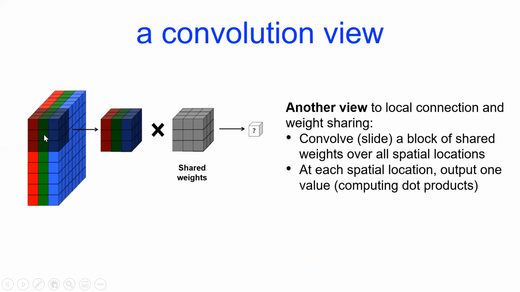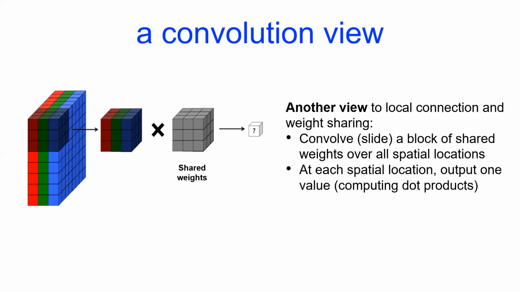I take this block and place it at position 1, take the region with the corresponding size, and do a dot product. Basically, you do a weighted sum. Then you move your block to the next position and do the same thing, taking another region and computing a weighted sum.